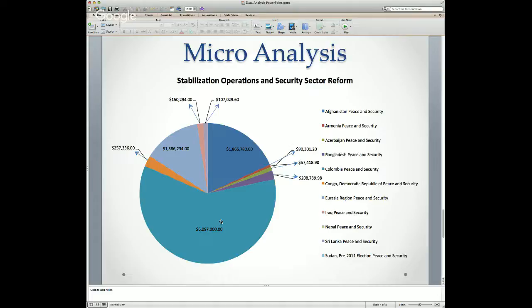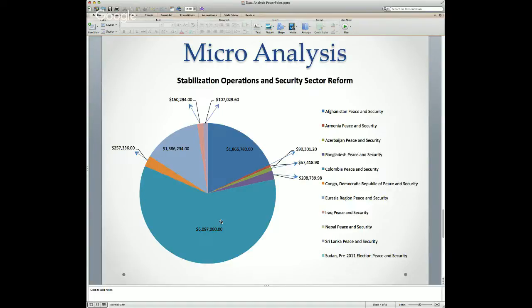And it seems like the U.S. has been successful in both of these countries. For the most part, Afghanistan is a lot better than what it was when we went in there. And Colombia is doing well. They just signed a peace treaty, and their economy is doing pretty well.